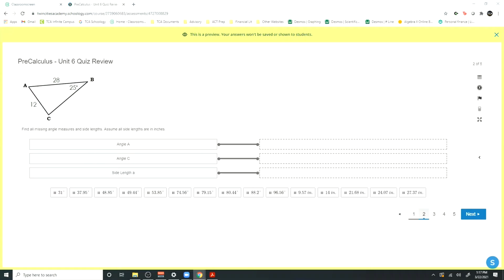Okay. The first thing I'm going to do is use law of sines, because law of sines is applicable when I've got an angle and its opposite side length. So I'm going to start with the sine of b over little b, and since I know one part of c, I'm going to make that equal to the sine of c over little c.